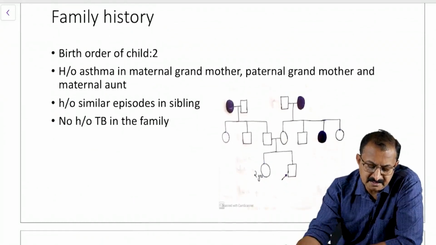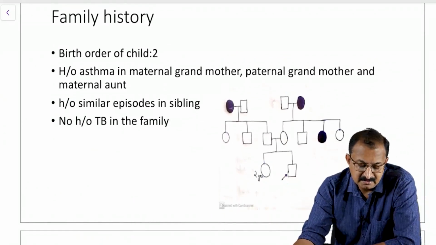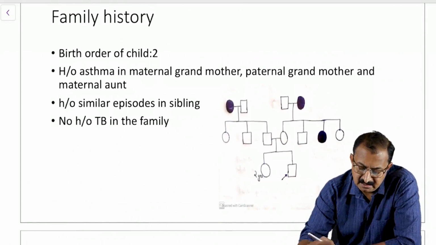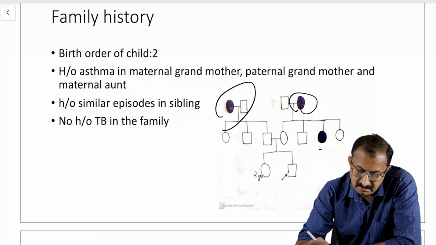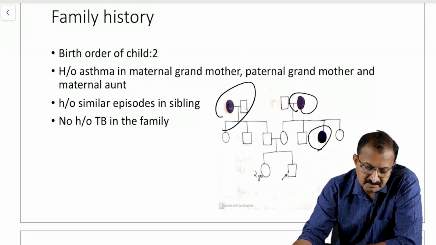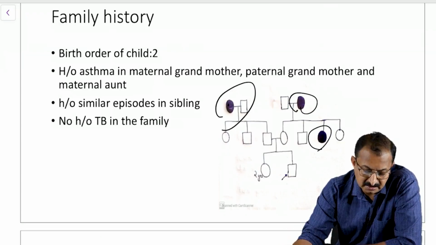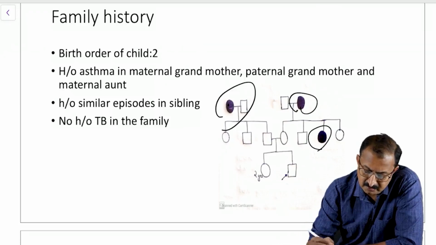The family history: a second child. History of asthma in the maternal grandmother, maternal aunt and paternal grandmother. History of similar episodes in the sibling also.